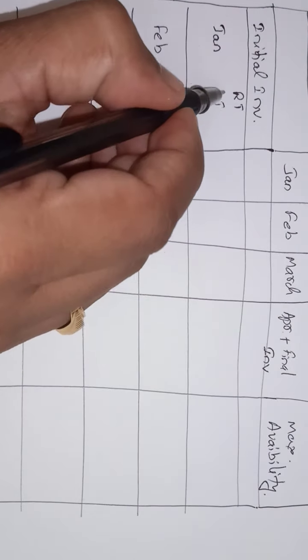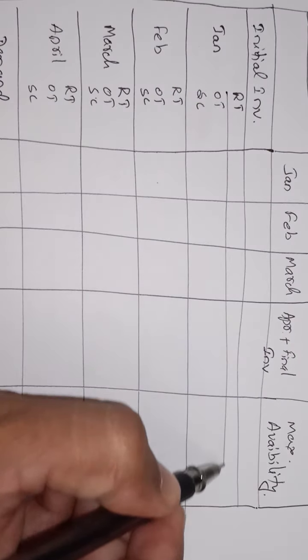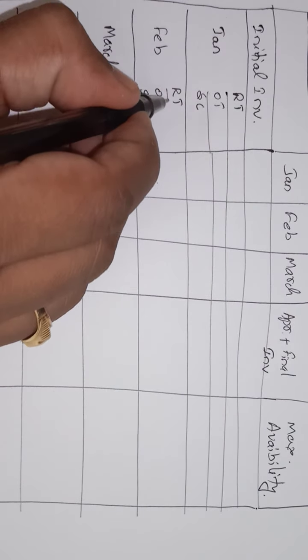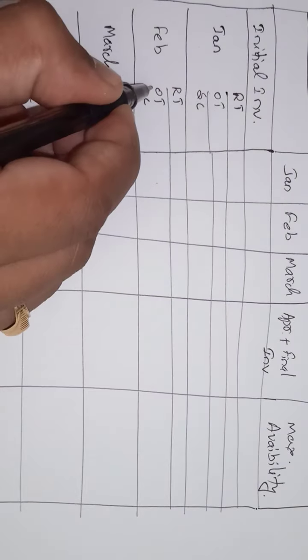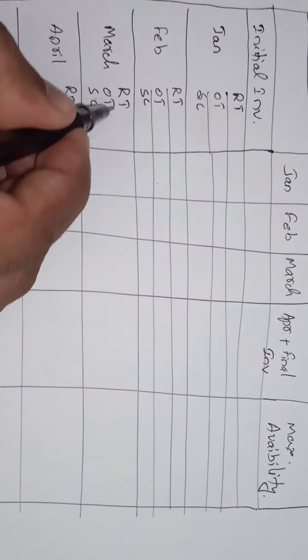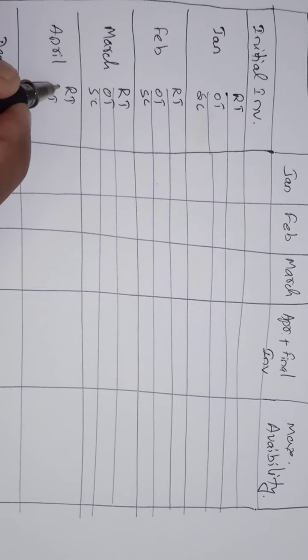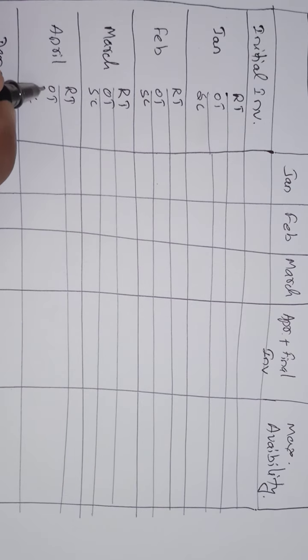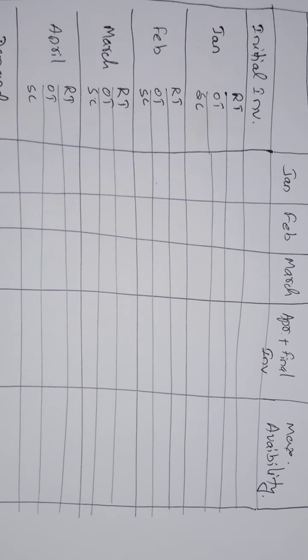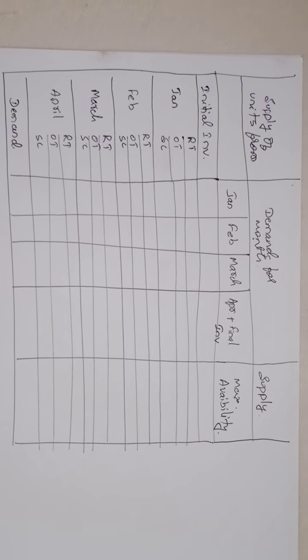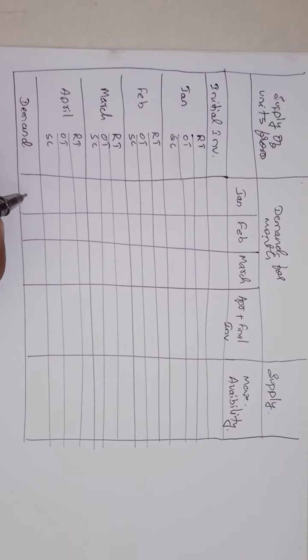Then here again you have to draw 3 lines for that particular OT, RT and subcontracting. Right. So now after drawing this table, you have to write the demand for that particular month.